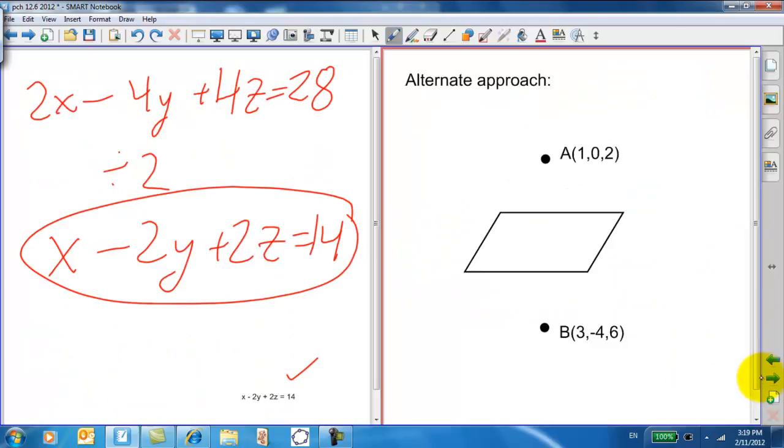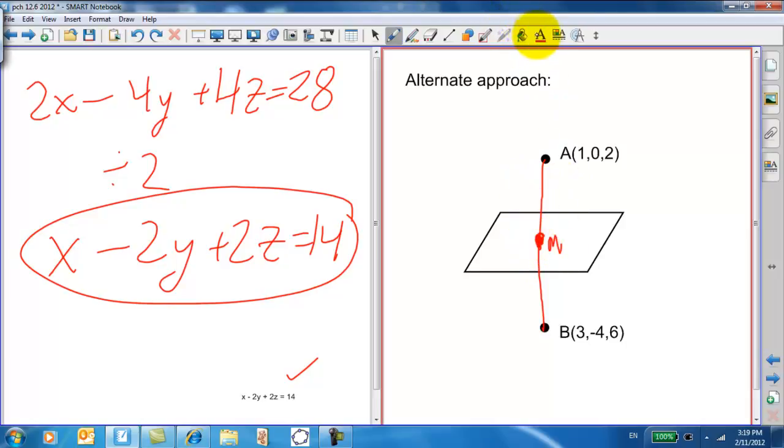Okay, now I just want to show you this alternate approach because it's a different way of thinking about this problem. We start with A and B, we drew a line between them and came up with a midpoint M, and we went through vector AB and so forth. But we can also use a little trick from geometry.